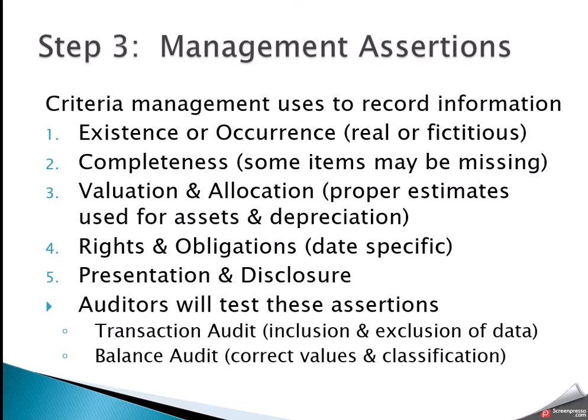Completeness is that all of the transactions that should be presented in those financial statements are there. So if we're looking at them as of December 31st, is everything included in there? Again, because there could be issues with their cutoff process, that some items are missing. Maybe it's intentional, they didn't put something on the books. Then we have valuation and allocation.